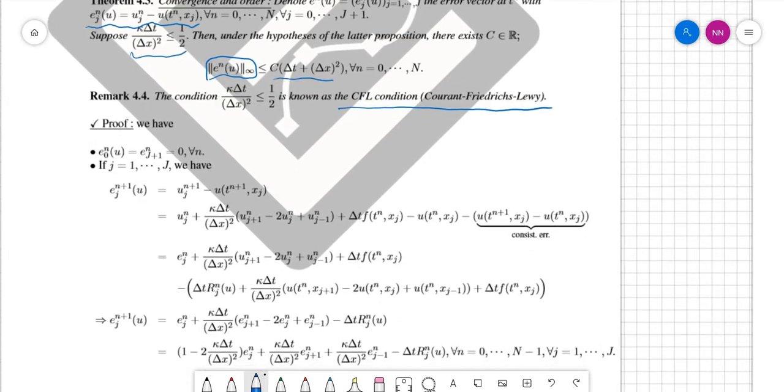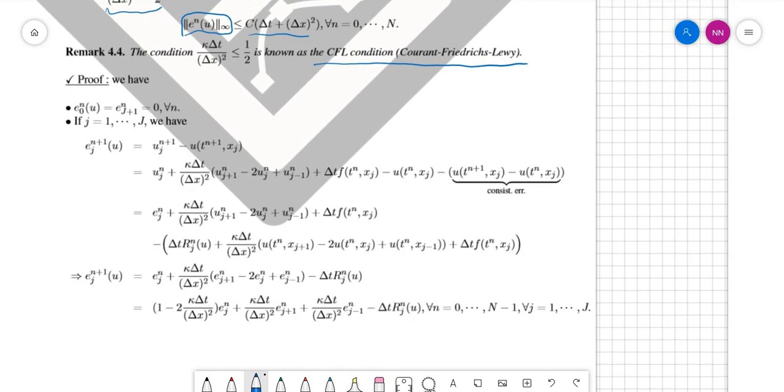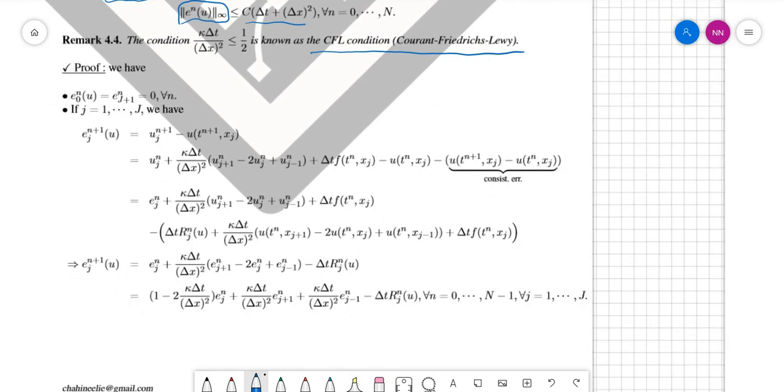So to prove this result, we will take again the error e_n_0 and e_n_j plus 1. We can consider that this is equal to 0 because these are the initial conditions, and for the initial conditions we took, the approximations are equal to the initial function.